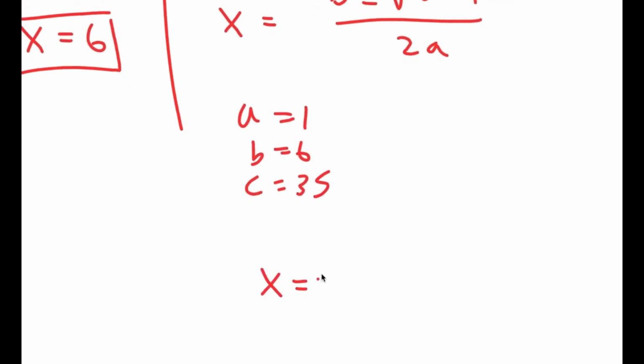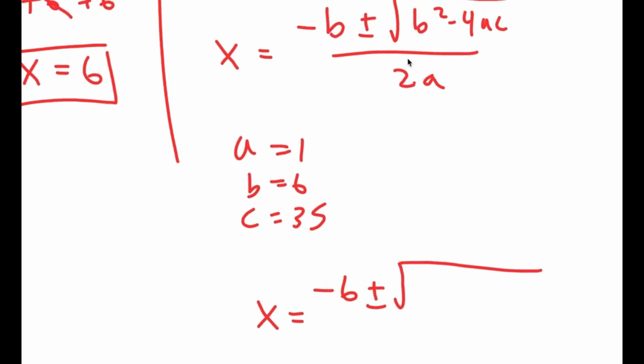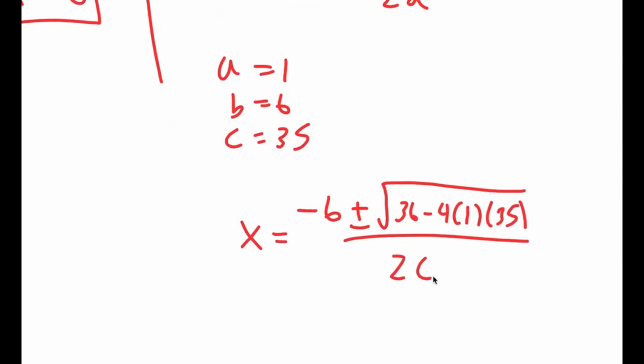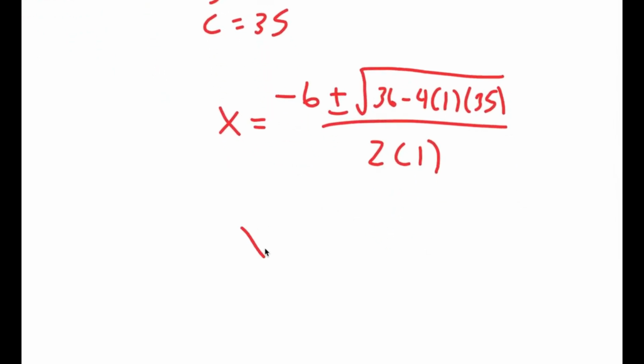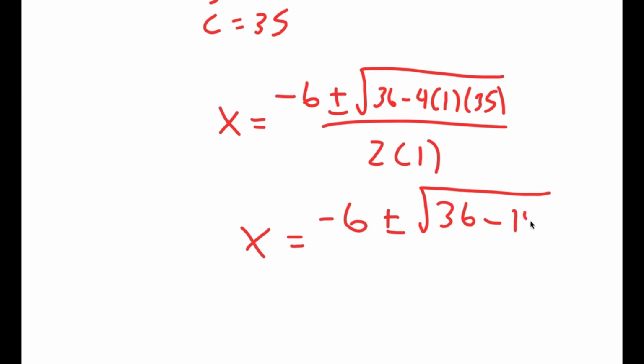So I get x equals negative 6 plus or minus the square root of 6 squared, which is 36, minus 4 times a, which is 1, times c, which is 35, all over 2a, so 2 times 1. And this is equal to negative 6 plus or minus the square root of 36 minus 140.